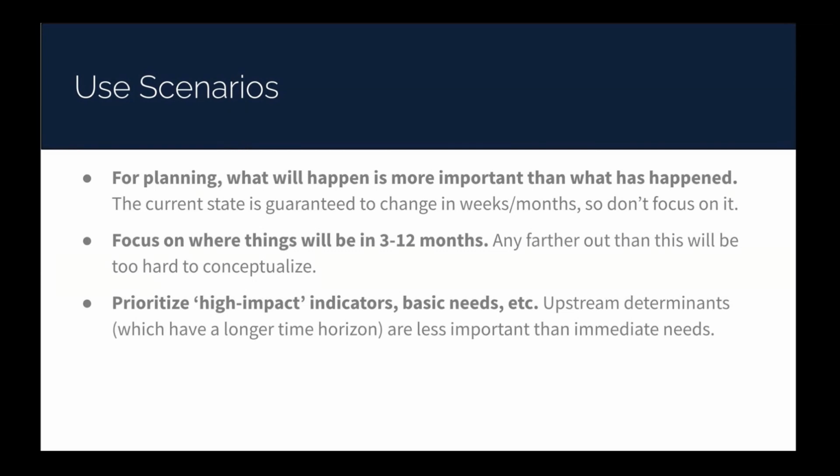In fact, we're probably just at the beginning of some really dramatic changes in the social determinants of health and the needs within a community for basic services. So as we stand today, if you're doing a needs assessment, the most important part of the process ought to be projecting forward 3 to 12 months to think about where we're likely to be, using estimates as the baseline, but then projecting out to what's the worst and what's the best case scenario.